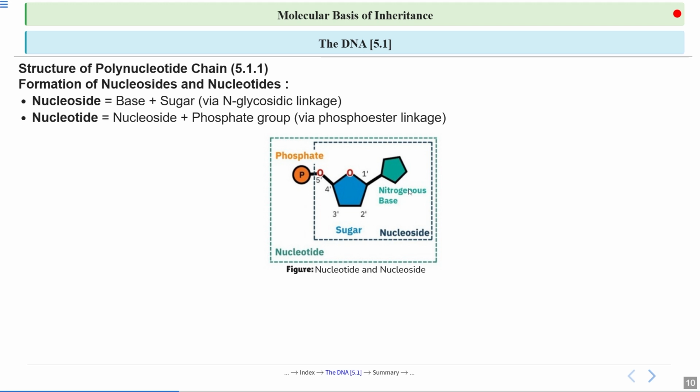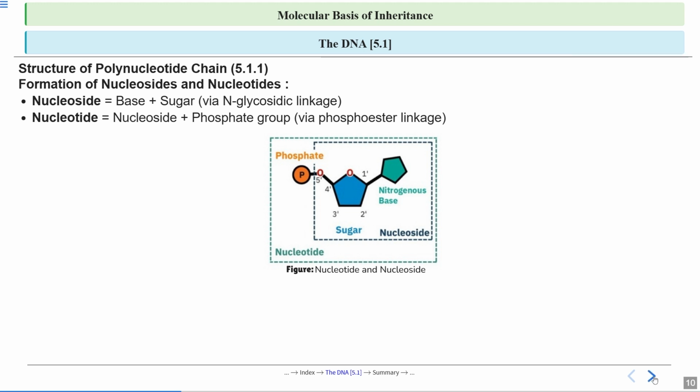Nucleoside is just composed of pentose sugar and nitrogenous base via N-glycosidic linkage, whereas when in this nucleoside there is an addition of phosphate group via phosphoester linkage, this is what we call a whole nucleotide. And this nucleotide is the basic building block of any nucleic acid that we have studied in detail, what the 3 components are and how they differ in DNA and RNA and everything.